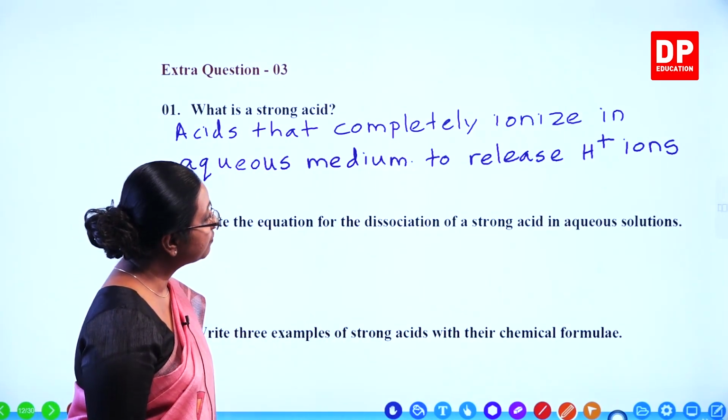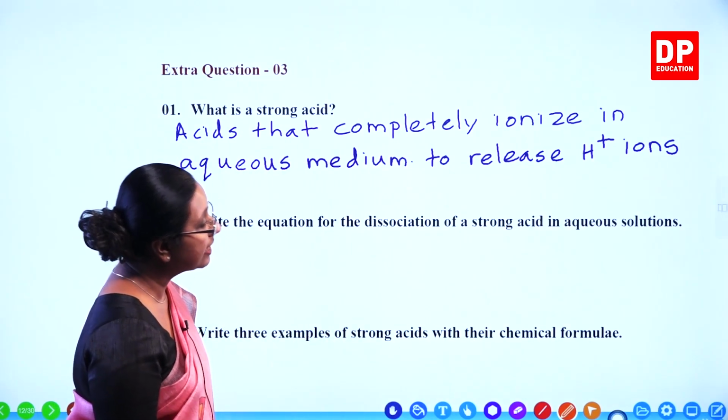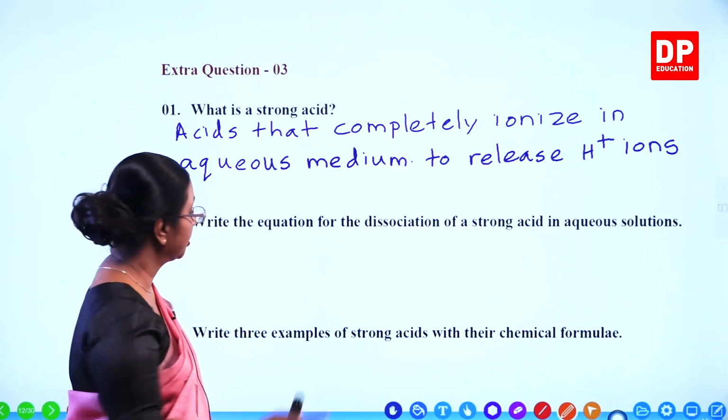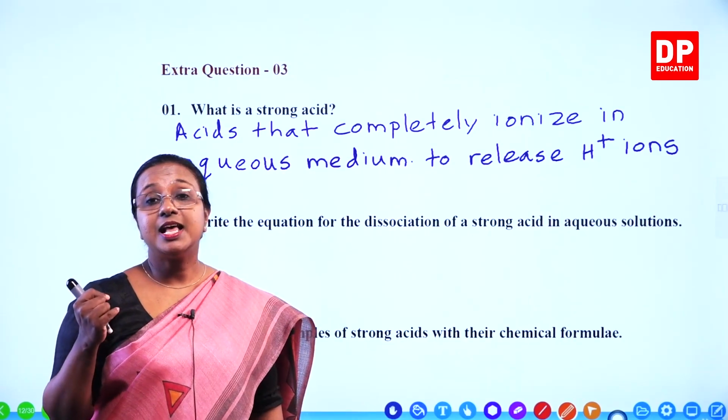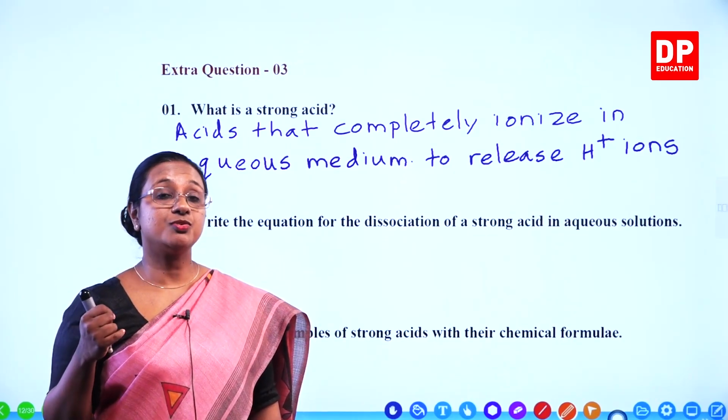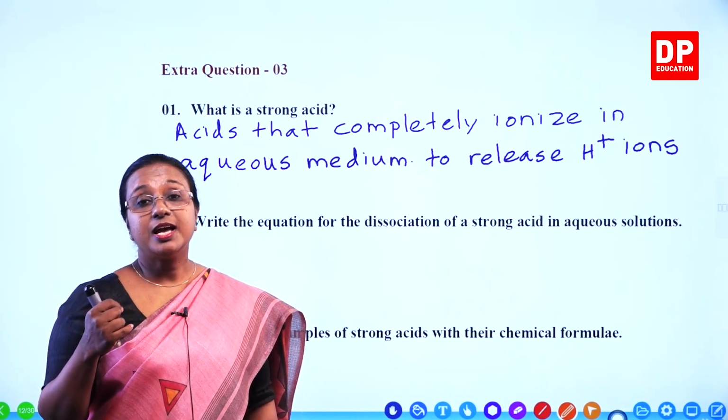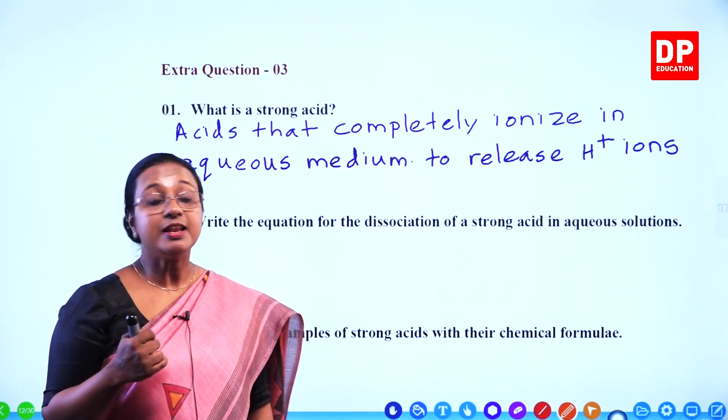Write the equation for the dissociation of a strong acid in aqueous solution. So you all know many strong acids. You can write HCl hydrochloric acid, H2SO4 sulfuric acid and HNO3 nitric acid.